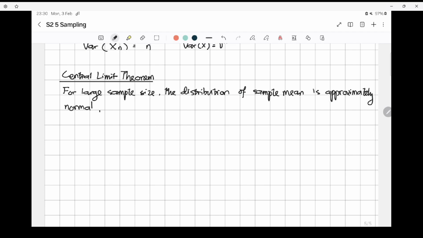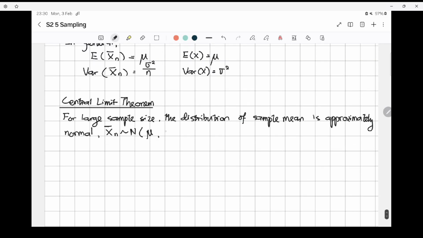So let's say this is your large sample size, it will be approximately normal with the mean from above, and the variance will be sigma squared divided by n. So this is what central limit theorem tells you.